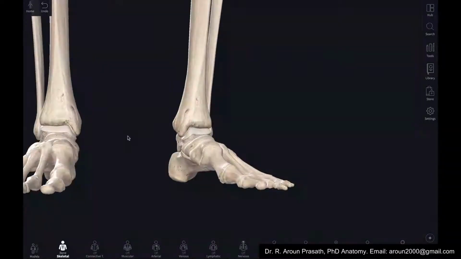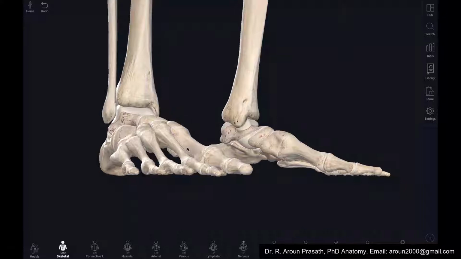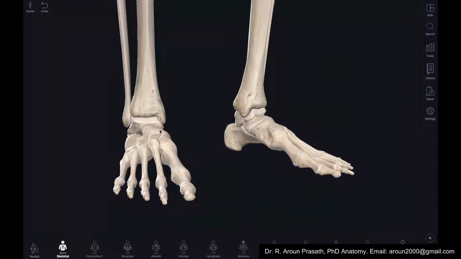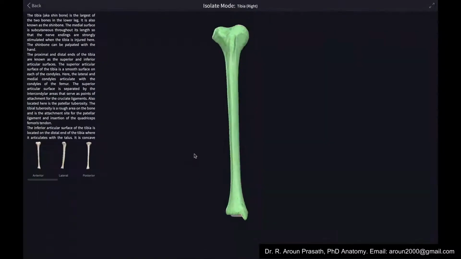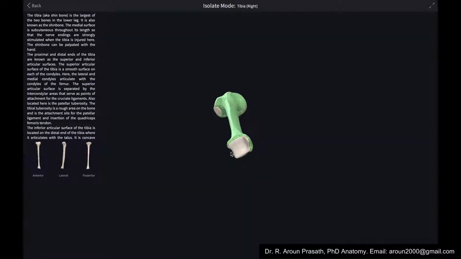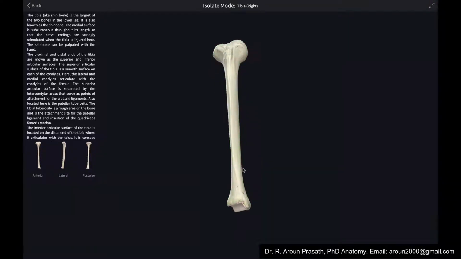Now let us see the articulating bones and surfaces of the ankle joint. If you look at the inferior aspect of the tibia, it is a quadrangular articulating area, and on the medial side the extension of the tibia is called the medial malleolus.